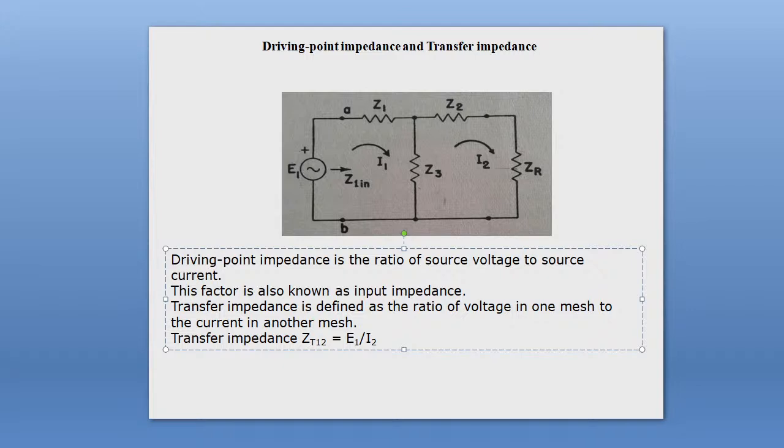Everyone knows that admittance is nothing but the reciprocal of impedance. So if I ask you what is driving point admittance, you can say that driving point admittance is the reciprocal of driving point impedance. Similarly, if I ask what is transfer admittance, the answer is that transfer admittance is the reciprocal of transfer impedance.